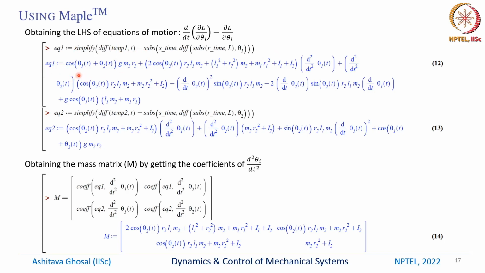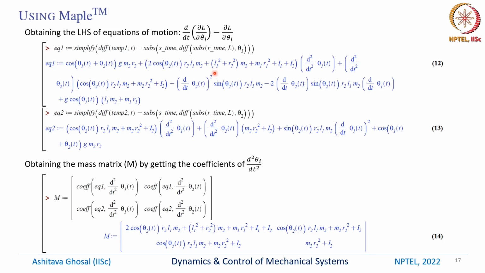So the first equation is cos theta 1, cos of theta 1 plus theta 2 into m2 r2 g. So this is like m2 r2 g c12. Then this is like 2 c2 m2 l1 r2. So this is also a term in the equations of motion if you go back and see.